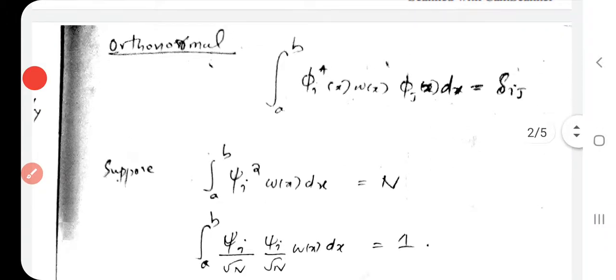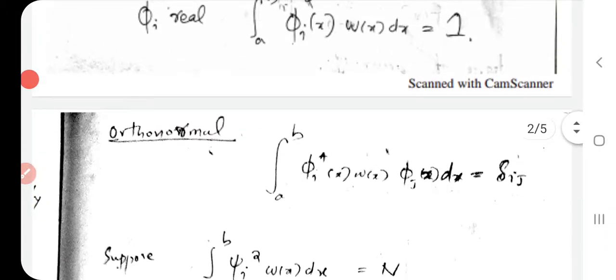Now let's look at orthonormal functions.